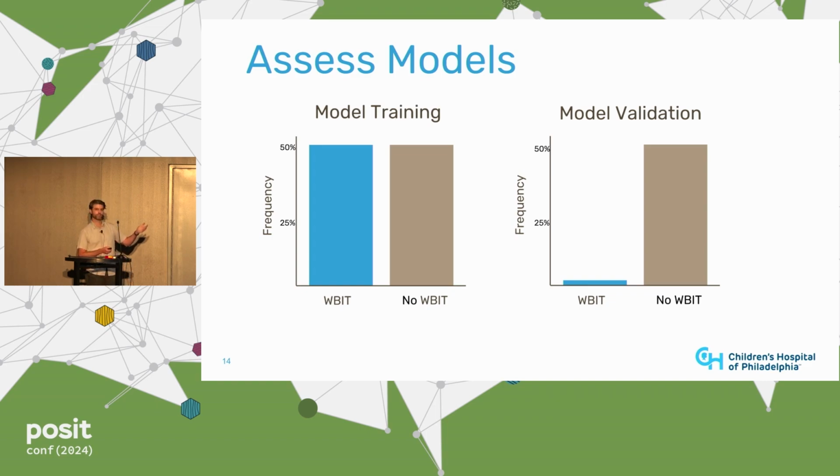If it's structured the same way, we would vastly overestimate the prevalence of the outcome, and we would probably overestimate the model PPV, which has, like I said, real world implications for generating a lot of false positives. So to get over this constraint, we chose to downsample the WBIT proportions in the holdout data set, such that the WBIT prevalence in our holdout data set matched the real world prevalence of the WBITs that are reported in the literature.